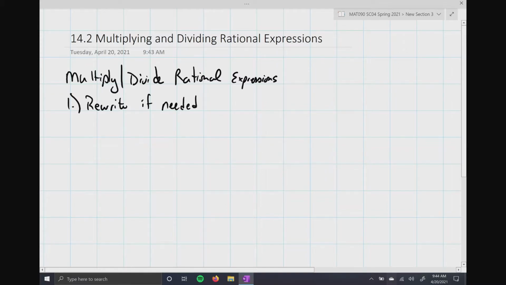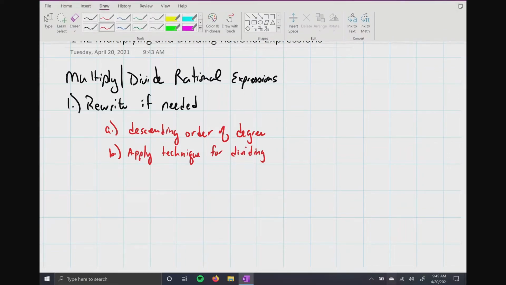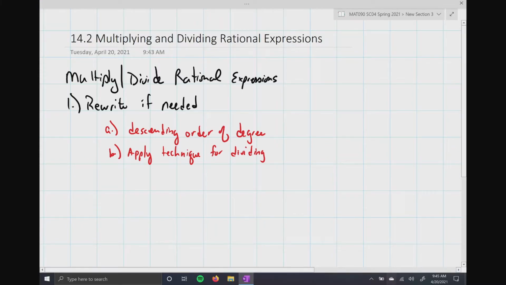And what I mean by that, maybe you need to write something in descending order of degree, or maybe you might have to apply the technique for dividing. All right? Because remember, when we divide fractions, as you learned a long time ago, you rewrite the first fraction, division changes to multiplication, and then you multiply by the reciprocal of the second fraction. So the same thing applies here. So you want to rewrite if needed.